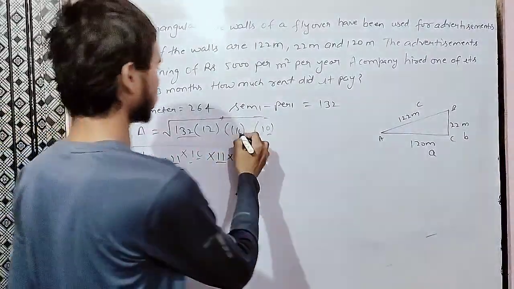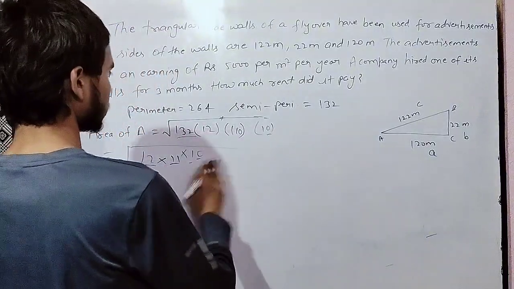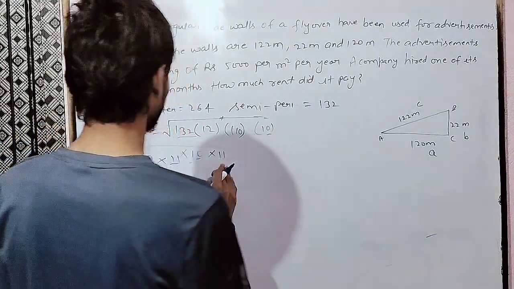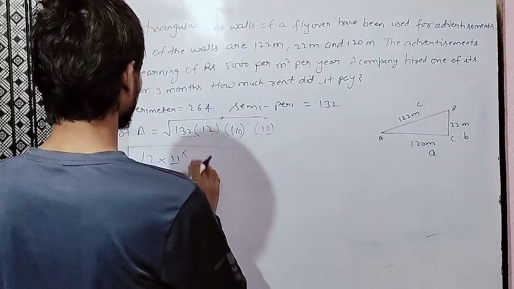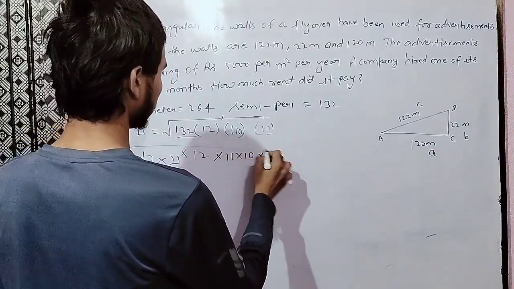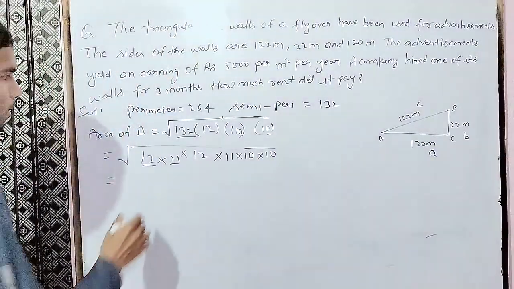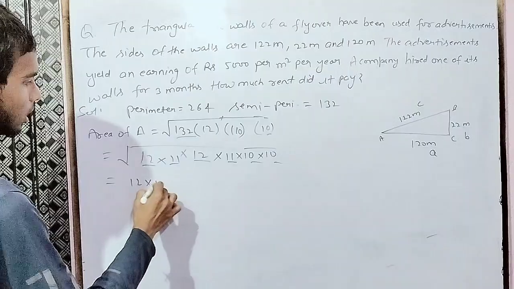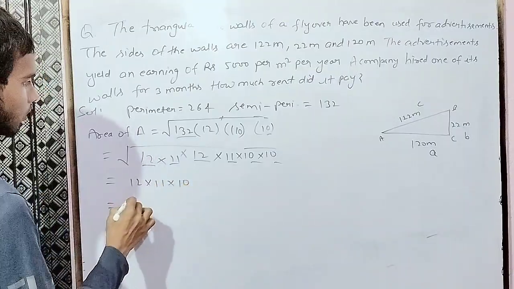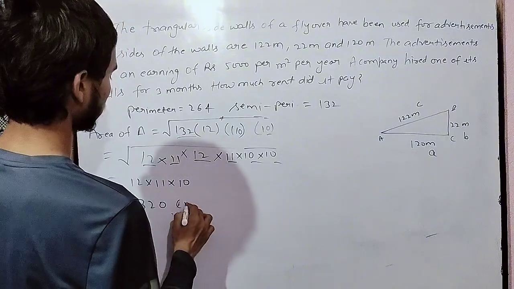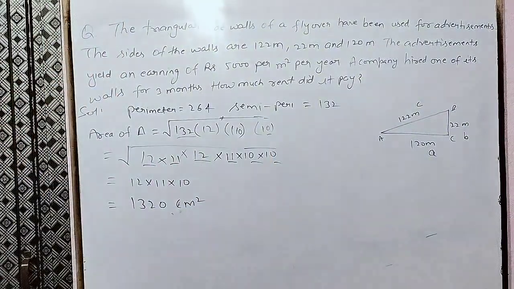This is 110. So here, this is 12. 11 multiplied by 10, now this is clear. This is 2 times, this 2 times, this 2 times. So 12 multiplied by 11 multiplied by 10 will become 1320. This is the area of this particular triangle.